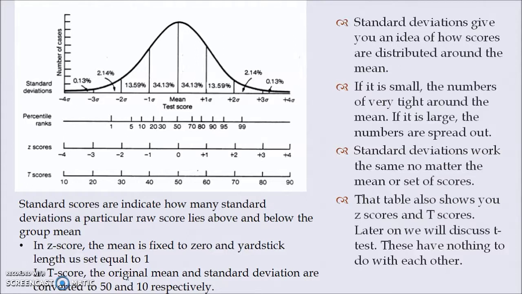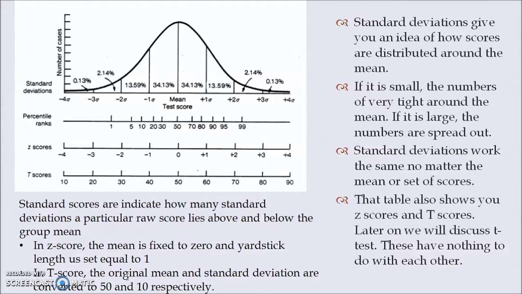So if you have, let's say, a z-score of +2, it indicates a person is 2 standard deviations above the group mean, and a -1.2 indicates that the person is 1.2 standard deviations below the mean. And that's the same thing for your t-scores.